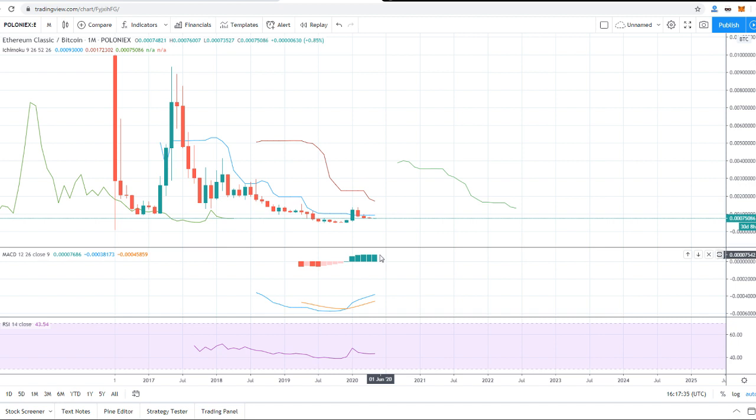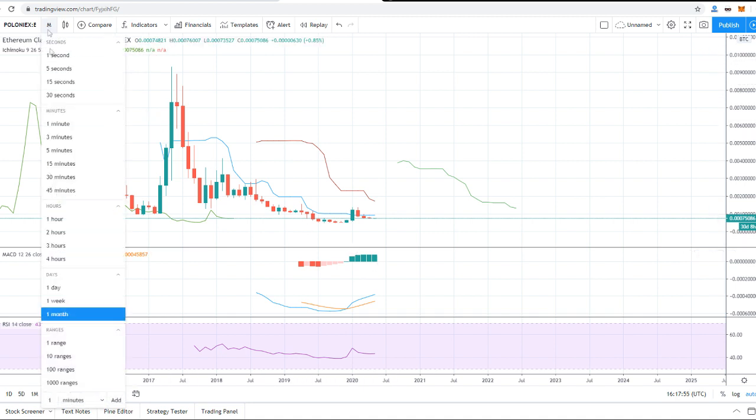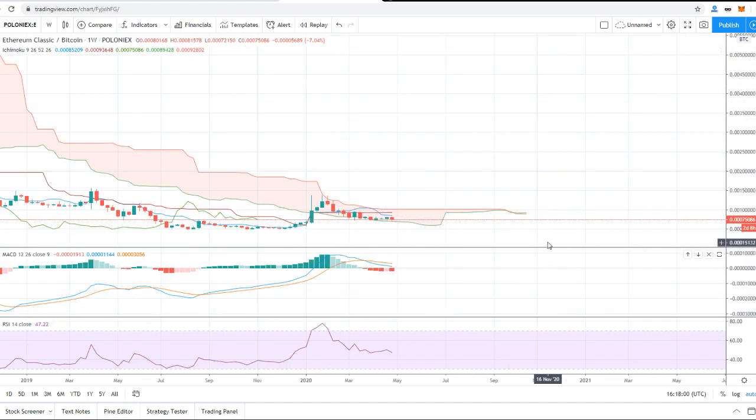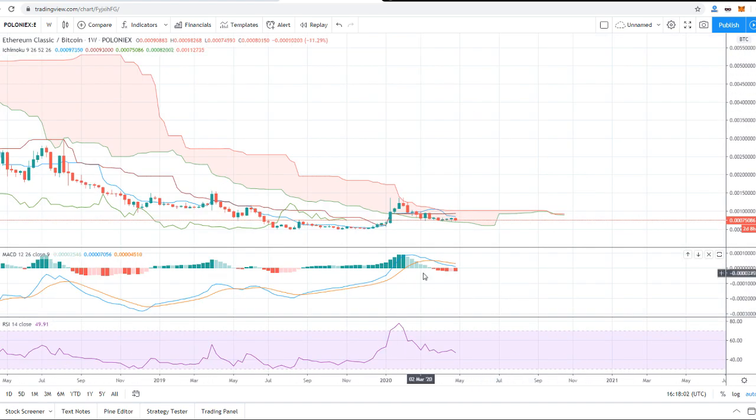So we are in the bull market rally on the longer time frame. This is the monthly chart, and it shows that there's good buying in the Ethereum Classic pair of Bitcoin. So let's move back to the weekly chart.